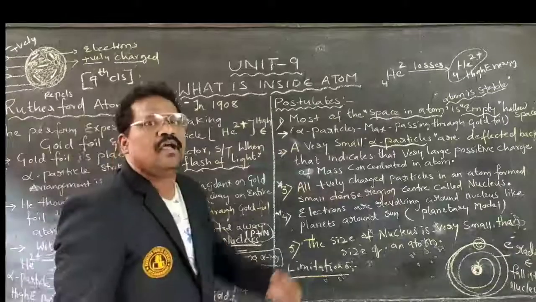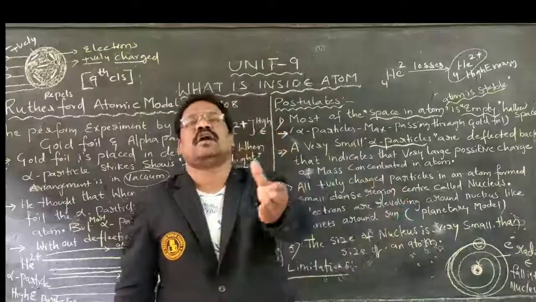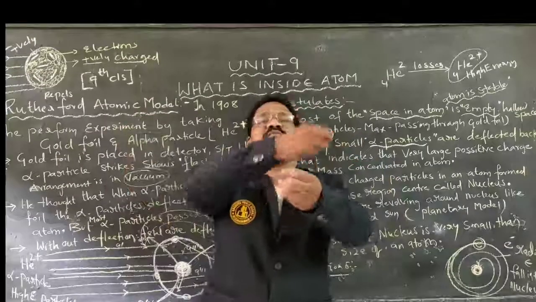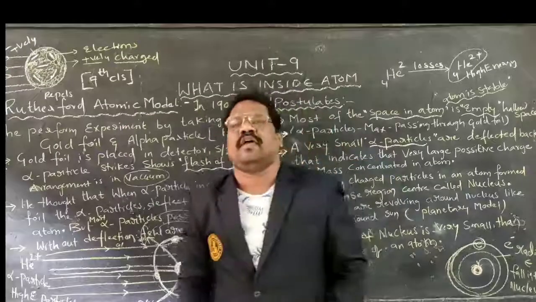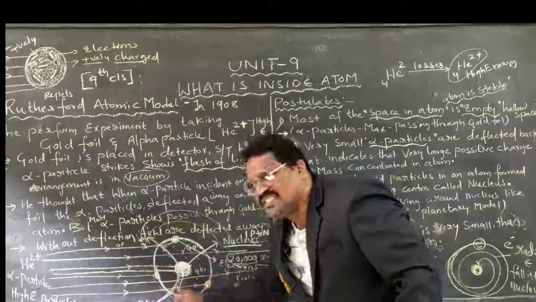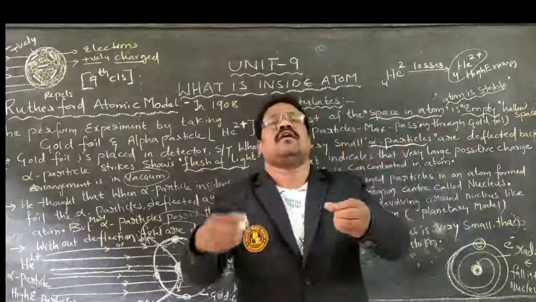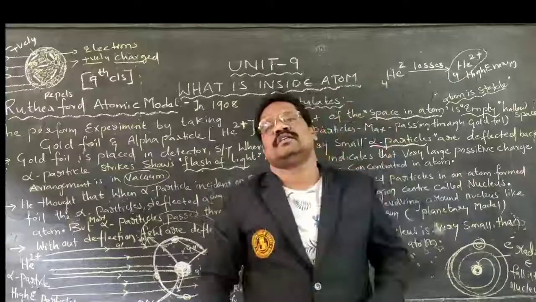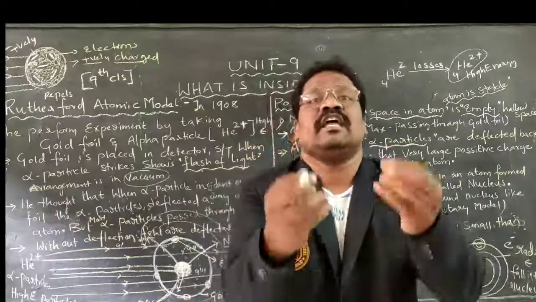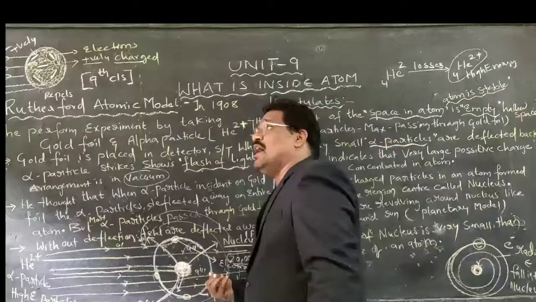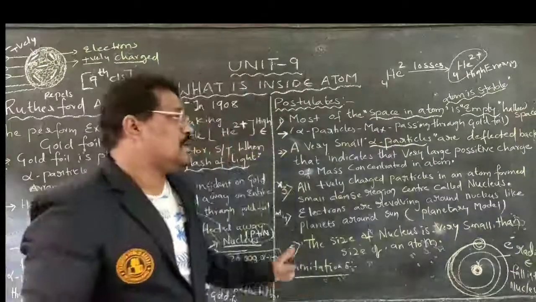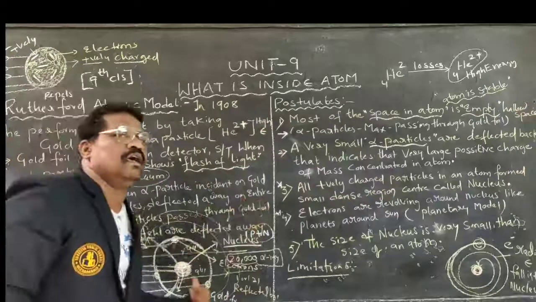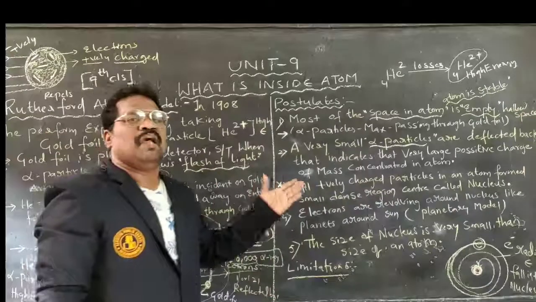In what way? Like the planets within a solar system orbit around the sun, in the same way the electrons, in specified circular orbits, orbit around the nucleus. This phenomenon was explained. He gave this point as electrons existing outside the nucleus and revolving around it like planets.